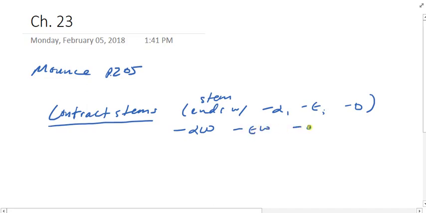The stem, not the verb, ends with alpha, epsilon, or omicron. The lexical forms of contract verbs are going to end with what? Always with the contract vowel: a-o, e-o, and o-o verbs.